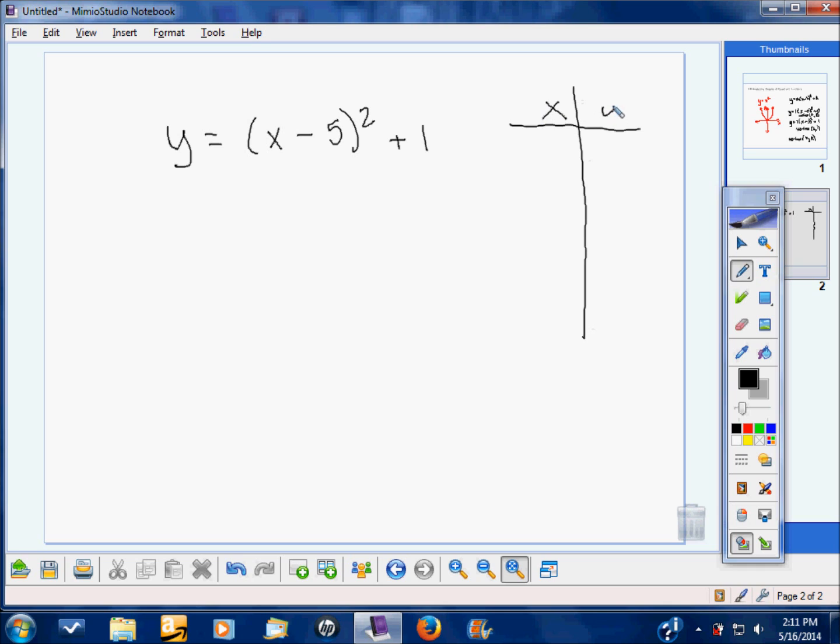Use 3, 4, 5, 6, 7 for your x values. I want you to find the y values, and perhaps you'll be able to figure that out.